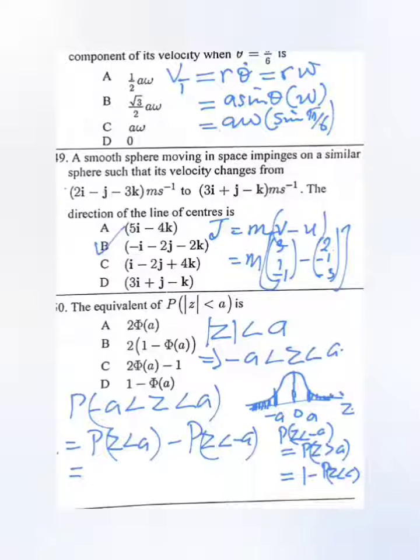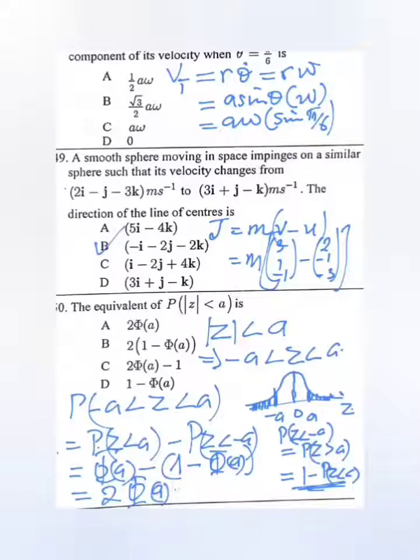So P of Z less than a already gives phi of a, minus the bracket P of Z less than negative a, which, as we have just said, is the same as 1 minus P of Z less than a, and that gives 1 minus phi of a. From there, when you expand and simplify, you would have that twice phi of a minus 1 should give you the probability that P of |Z| is less than a, and that corresponds to option C.